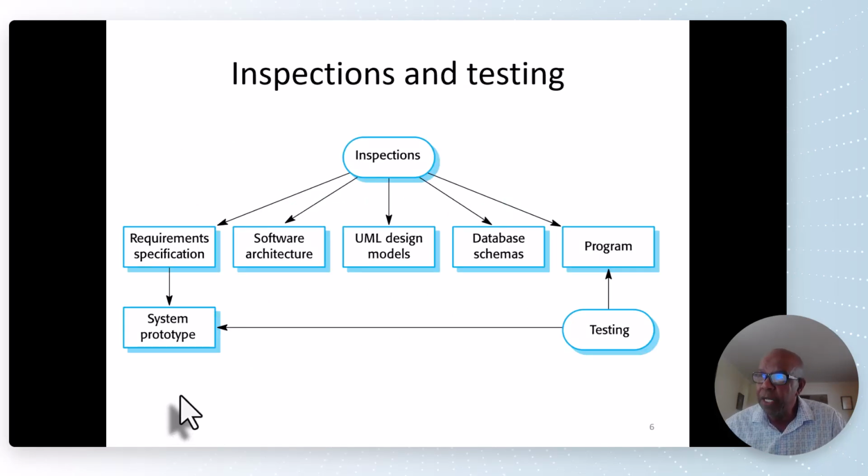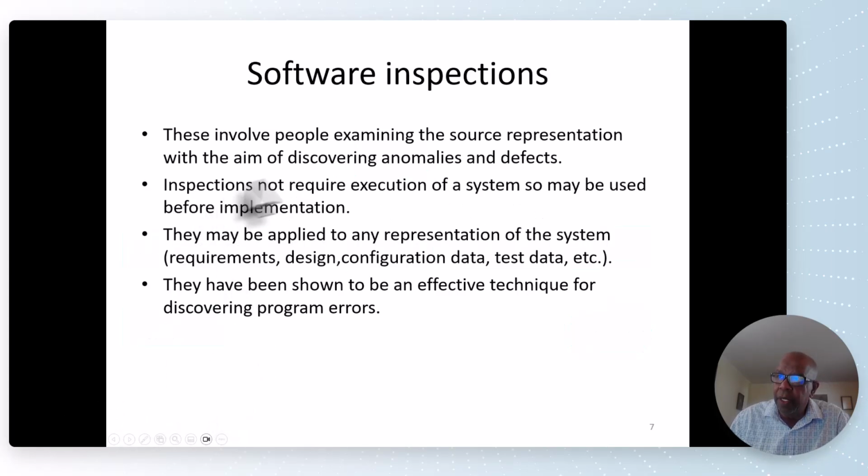Okay, verification. Are we building the product right? This particular diagram is showing that one of the ways we can do that is via inspections. Software inspections involve people examining the source representation with the aim of discovering anomalies. Inspections do not require execution of a system and may be used before implementation. They may be applied to any representation of the system.